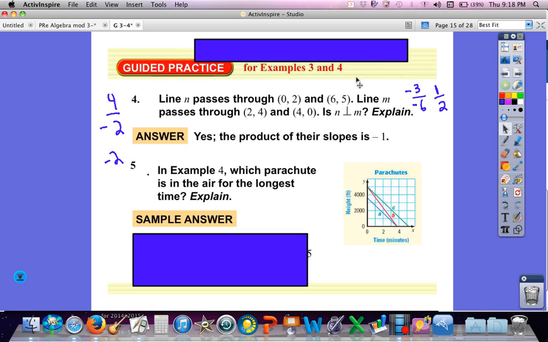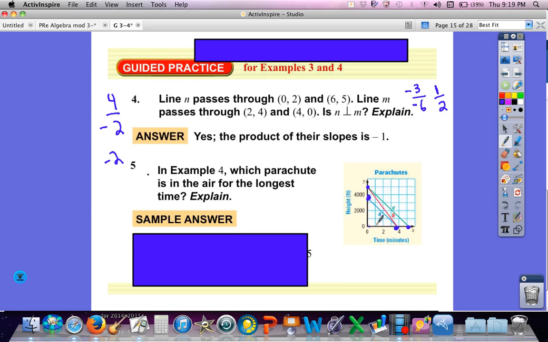And for guided practice in example 5, which parachute was open in the air the longest? Explain. Well, the parachute graph shows this is when they opened, and this is when they landed. So C took the longest amount of time.